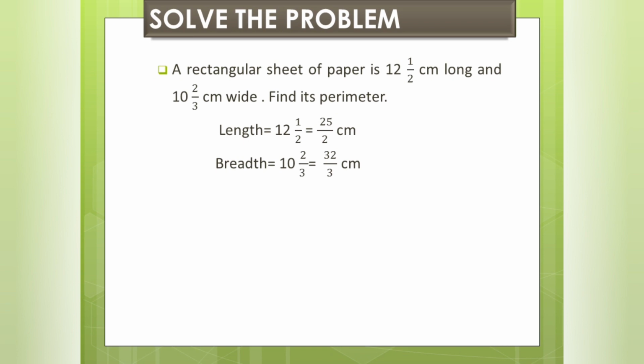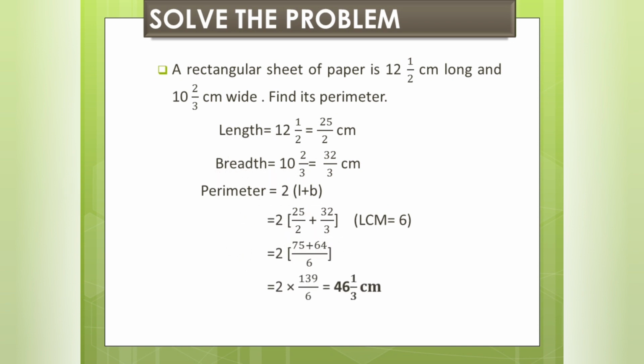After that we should know the formula to find the perimeter of a rectangle. The perimeter of the rectangle is equal to 2 multiplied by (L plus B), that means 2 multiplied by (length plus breadth).